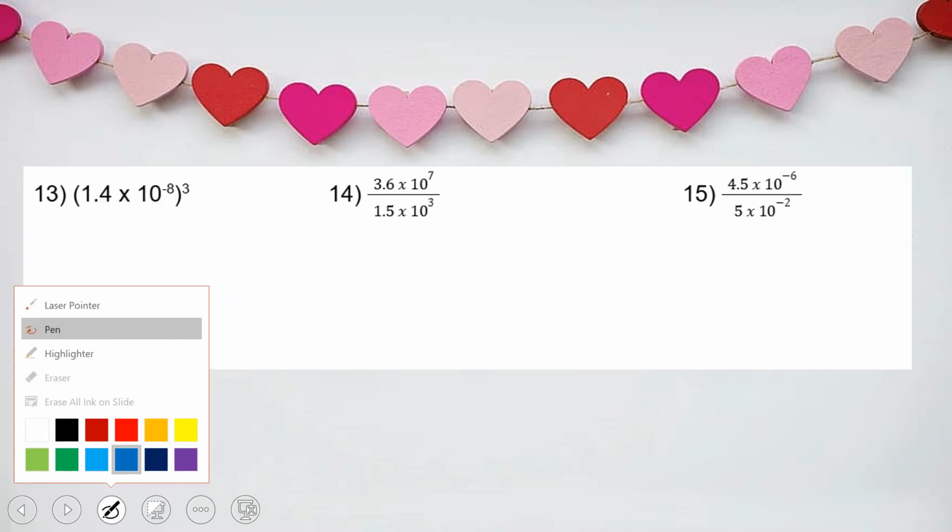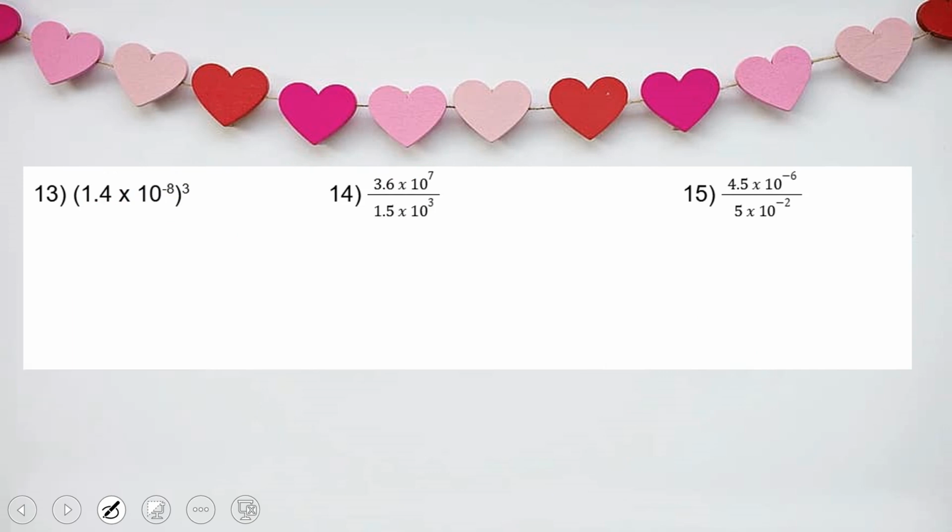Okay, these are the same idea. On 13, these are cubed, right? So you want to think about, I'm going to cube 1.4 and I'm going to cube 10 to the negative 8th. And honestly, 1.4 cubed, I got a calculator out, right? 1.4 times itself 3 times is a 2.744.